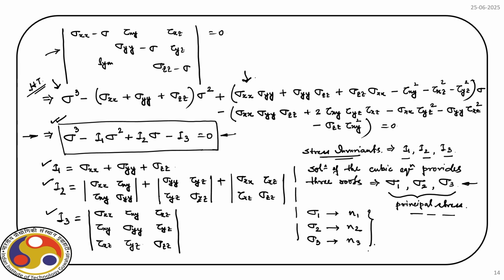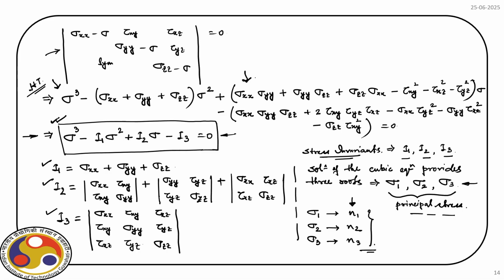I have discussed how to solve it. We have to use two equations from the original eigen equation and one from the property of these direction cosines, that forms three equations. We have three unknowns, so we can find out these directions.